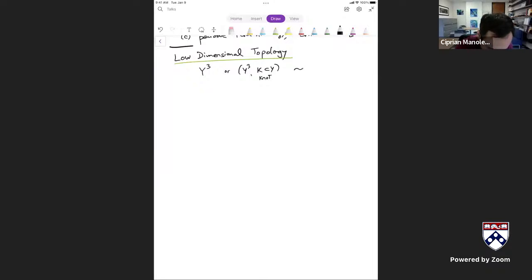And from here you get some Floer homologies. And there are different versions. I will make a table. There are 6 main such theories.